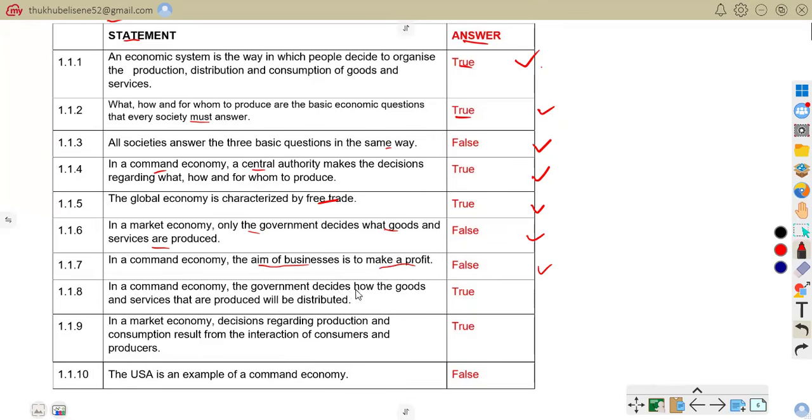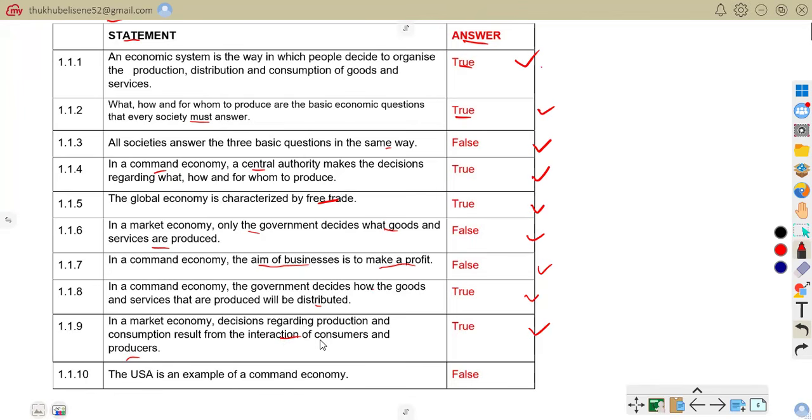In a command economy, the government decides how the goods and services that are produced will be distributed. That is true. In a command economy, government controls distribution. In a market economy, decisions regarding production and consumption result from the interaction of consumers and producers.